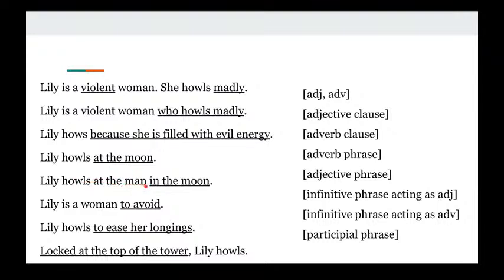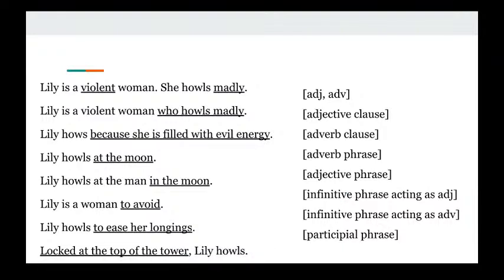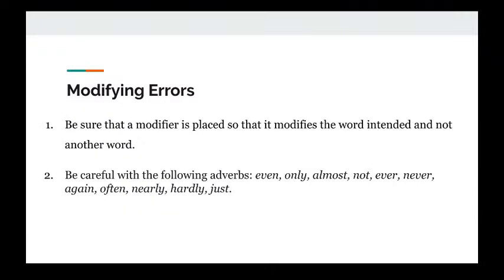Lily howls at the man in the moon is an adjective phrase. Lily is a woman to avoid is an infinitive phrase acting as an adjective. It would act as an adverb if we have Lily howls to ease her longings. And the last sentence, locked at the top of the tower, Lily howls, is a participle phrase.